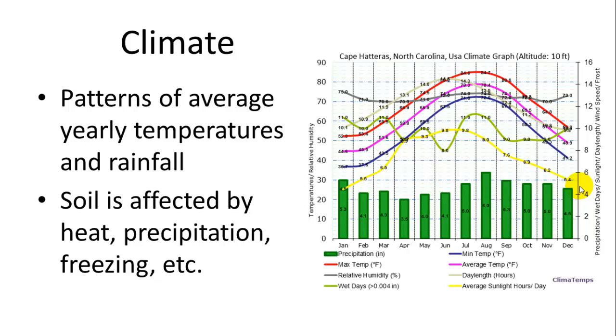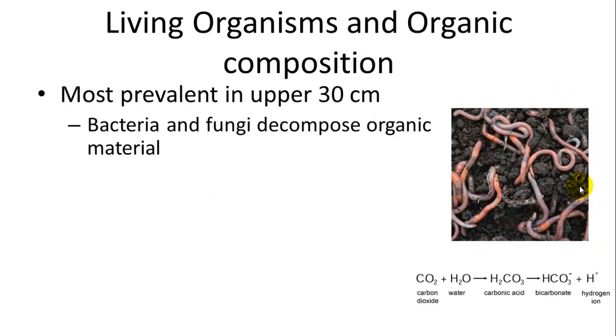Soil is affected by how hot it gets, as heat can cause the soil to crack and dry out. The cold can also cause it to crack through freezing and thawing. Precipitation can weather rocks and also cause erosion, causing soil to be swept away. So there are lots of different ways climate can affect soil.